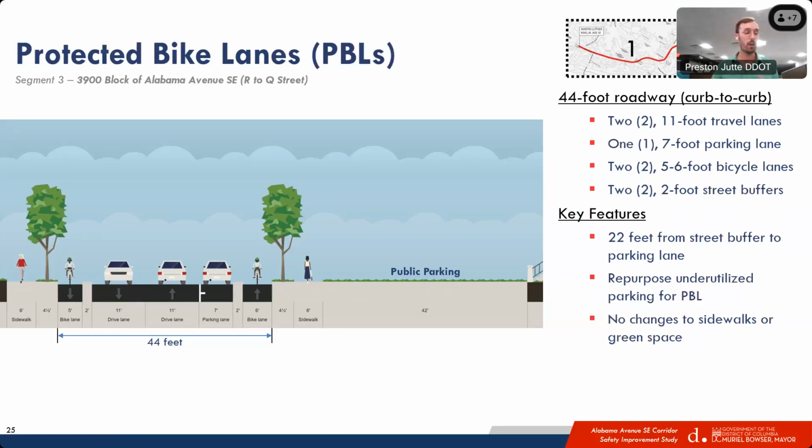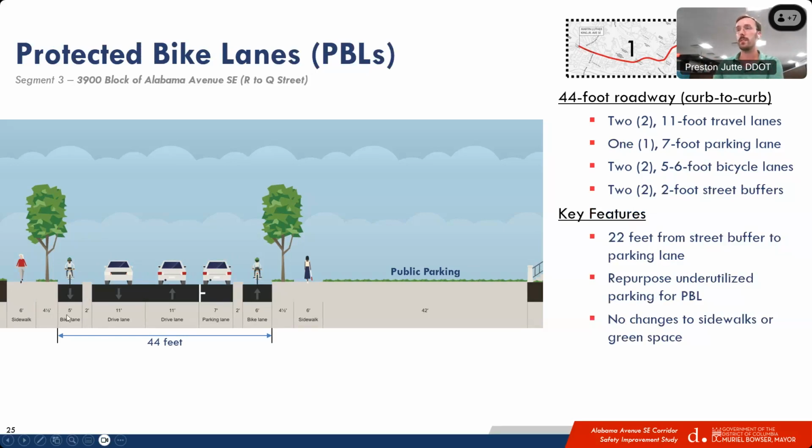So in the current plan, with the plans that we've already shared and walked through with folks in March, we're currently proposing protected bike lanes. This is what that cross section looks like based on the current plan. This is one option to facilitate a safe place for people to bike, scoot, and so on. What that would look like is using the same 44 feet from curb to curb.